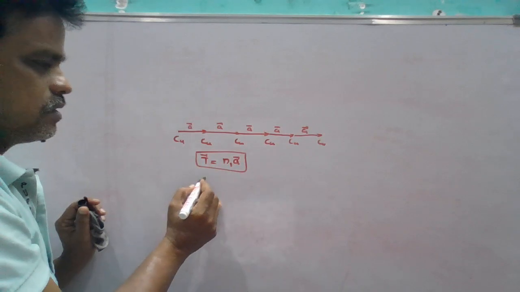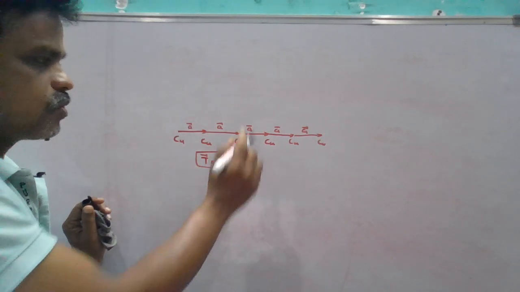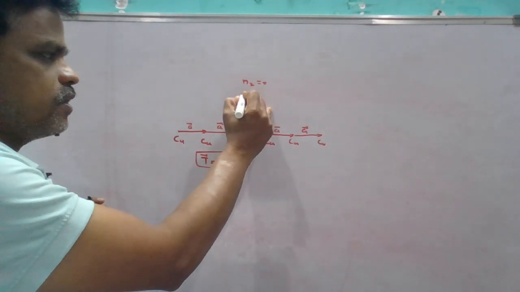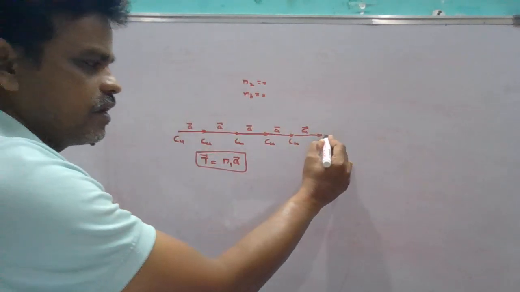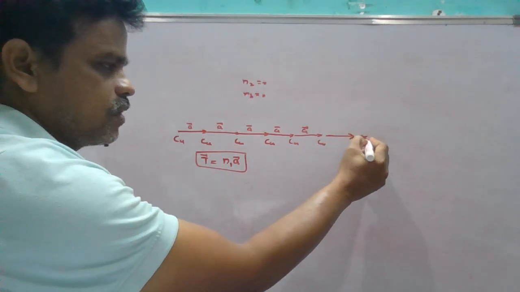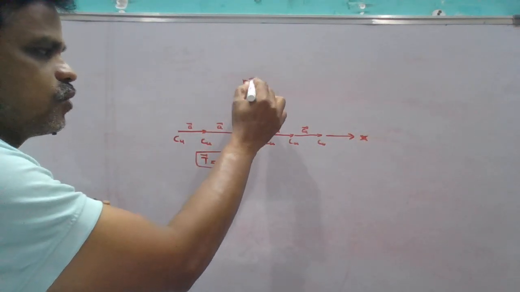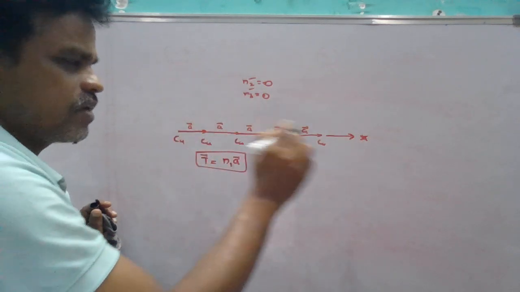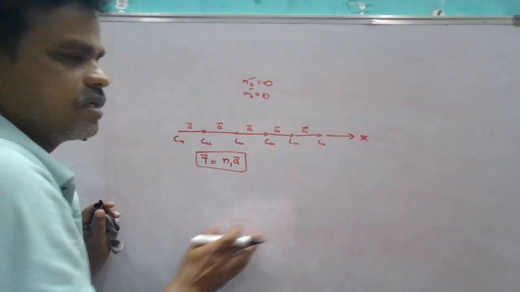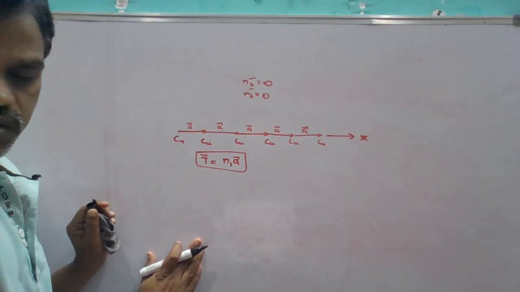There is no n2 and n3, so n2 equal to 0 and n3 equal to 0, because it is extending in only one direction. That's why I removed the n2 and n3 integers. For example, if it is extending in the x direction, take n1a only. So this is the translation.